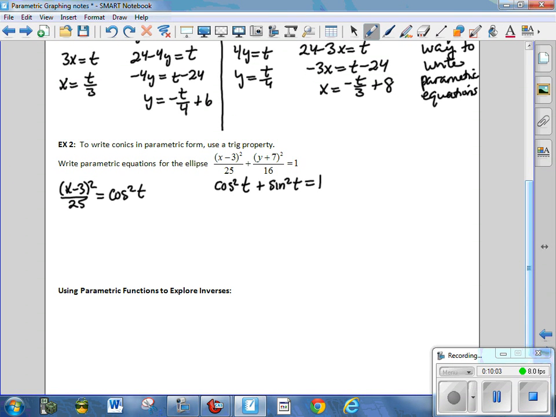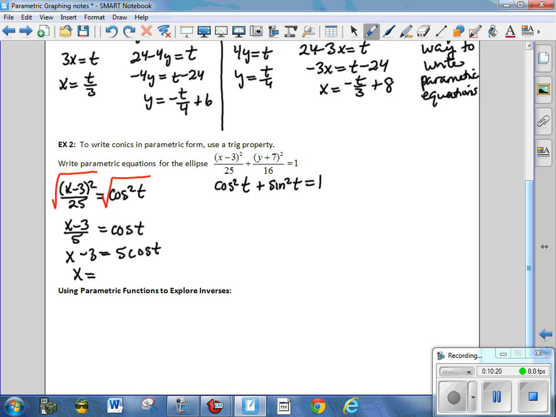Take the square root of both sides of that, and I end up with (x minus 3) over 5 is equal to cosine of t. So x minus 3 is equal to 5 cosine of t.